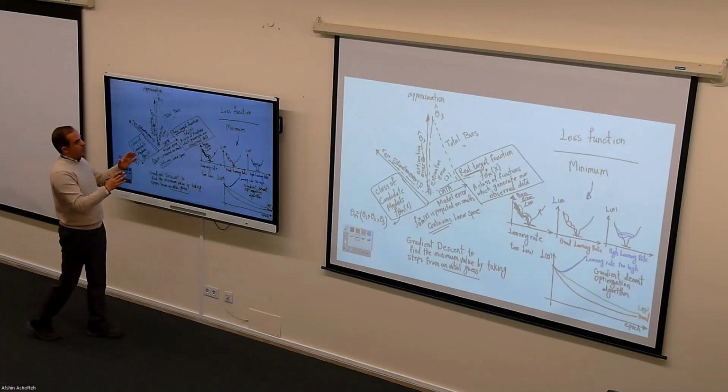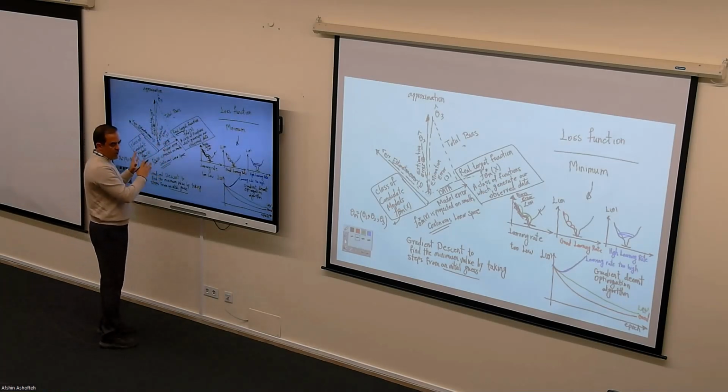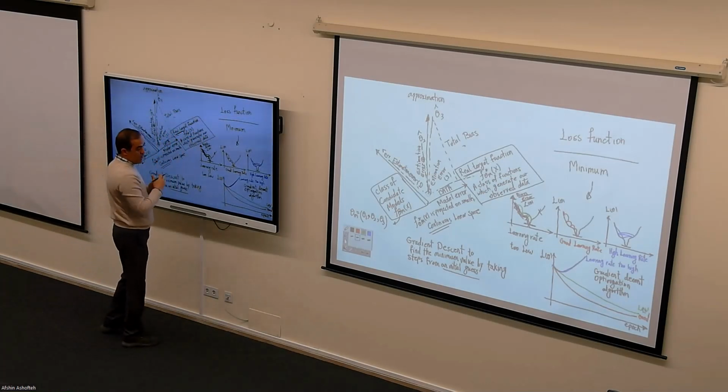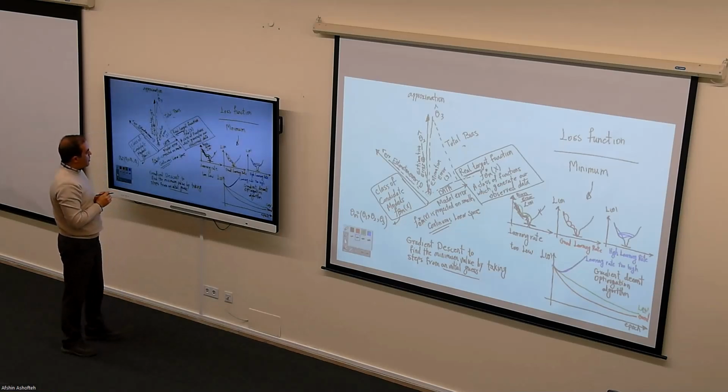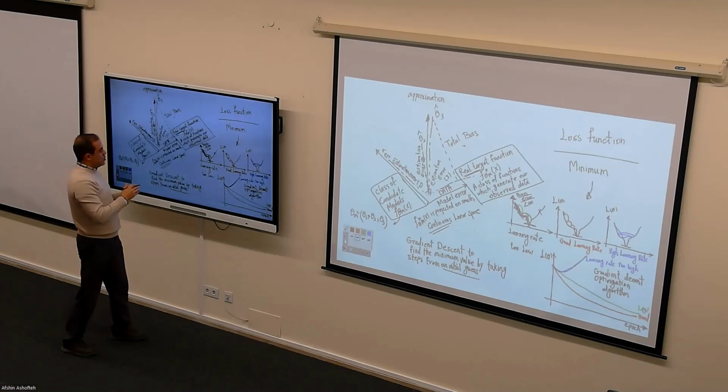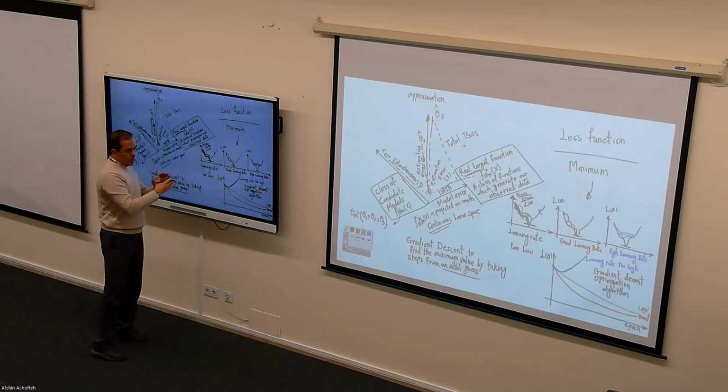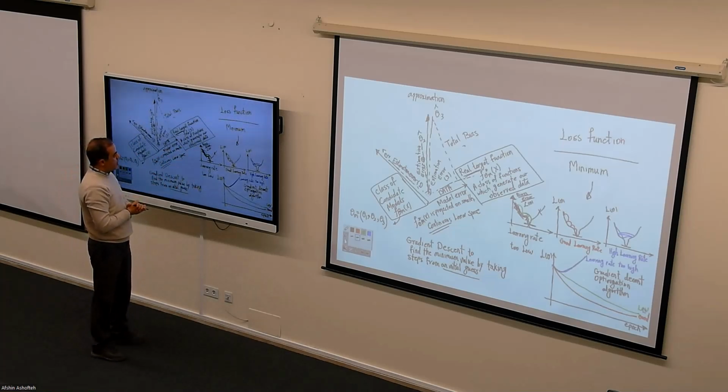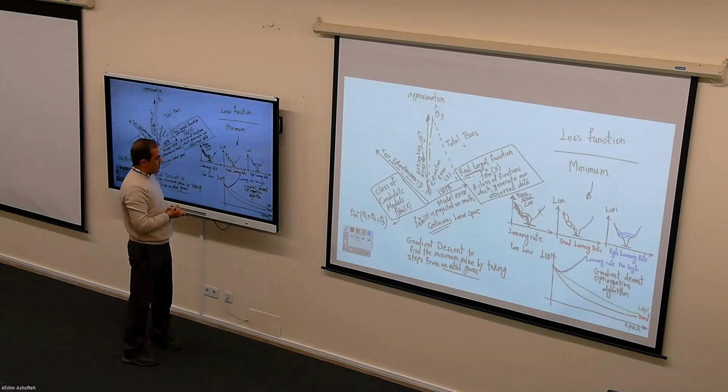So basically, we want to know about the total bias of our model in comparison with the target function that we are looking for. We want to know about the bias, error, or loss function. And to minimize this loss function, we can use the gradient descent optimization algorithm.